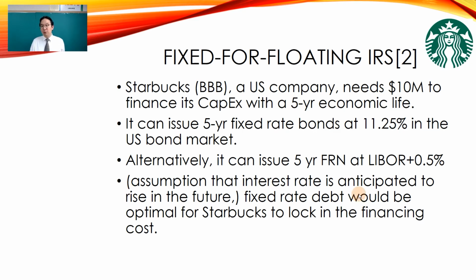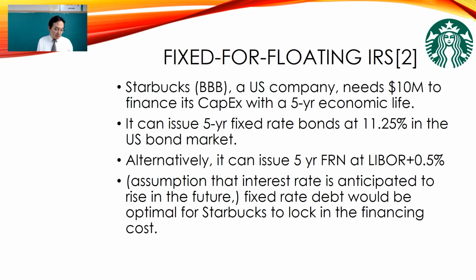Assume that interest rate is anticipated to rise in the future. Fixed rate debt would be optimal for Starbucks to lock in the financing cost. So if in the future the interest rate will go up, just like today's situation, right? Interest rate seems to go up because this time it's about the inflation worries.